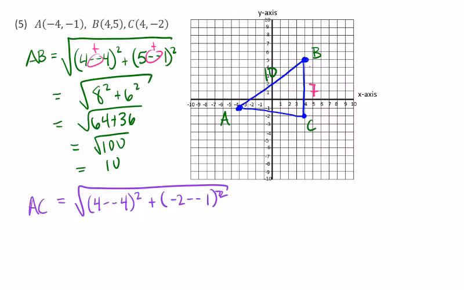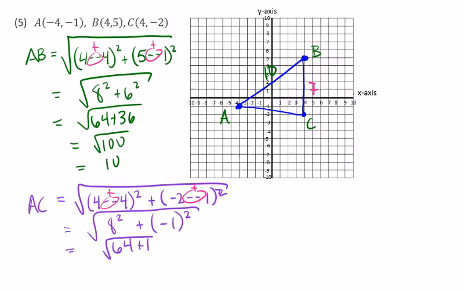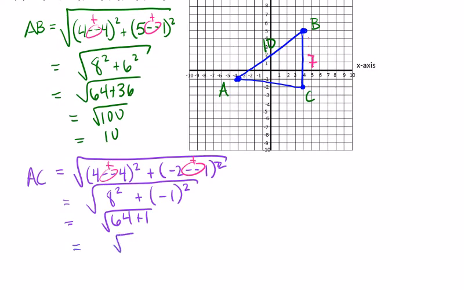So that's going to be a couple double negatives again. So we're going to have 8 squared plus -1 squared. Don't forget to put parentheses around the negatives when you square. So it'll be 64 plus 1. So that'll be root 65.